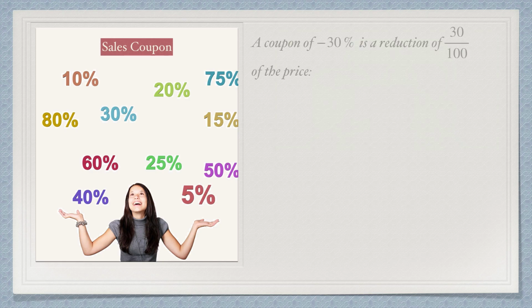For instance, a coupon of minus 30% is a reduction of 30 over 100 of the price. For a price of $49, the reduction is $49 multiplied by 30 divided by 100. That is $49 multiplied by 0.3.